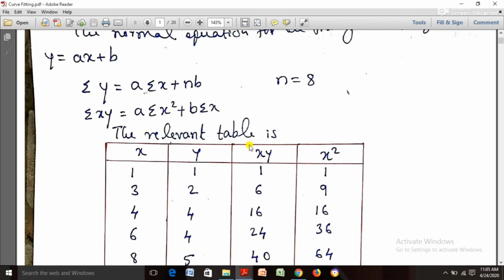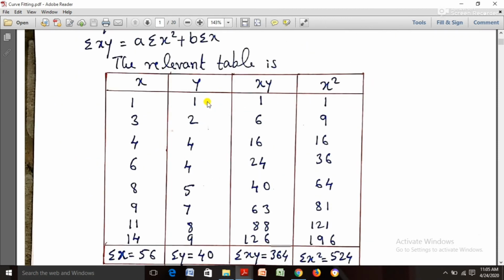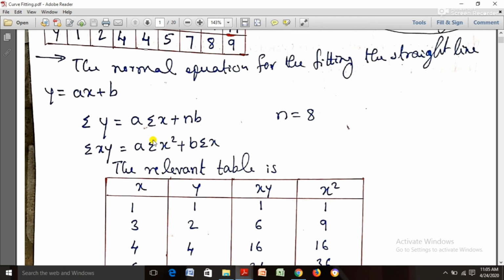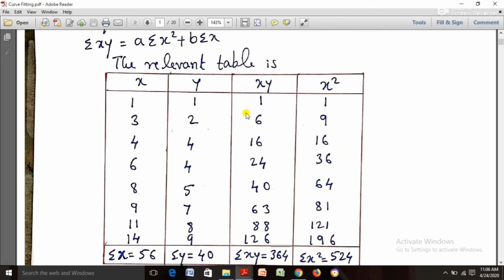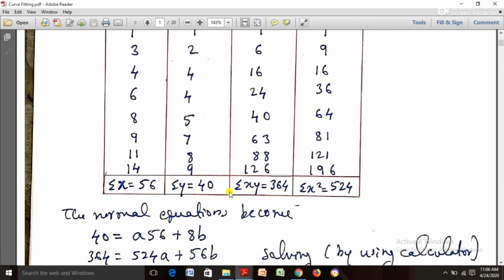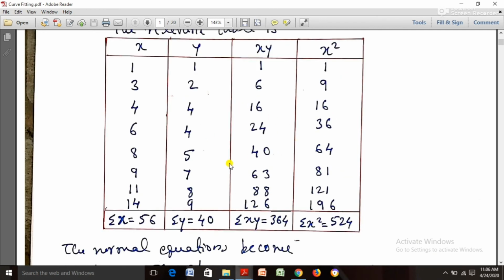The relevant table has x and y values, and we need Σxy and Σx², so we find xy by multiplying x and y, and x² by squaring x, then add all the columns of the table to get these four sums.